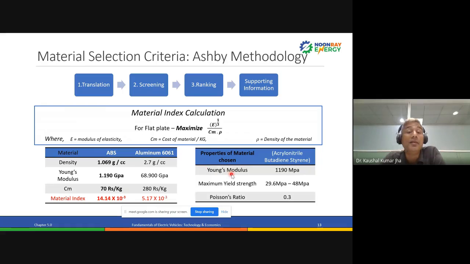For that material, till this time, we don't need to know the yield strength or Poisson's ratio, only Young's modulus of elasticity. That is a commonly known property. Density and cost would be available in the market. Then, to further analyze what thickness would be required, we need to know the yield strength, Poisson's ratios, and all the things.